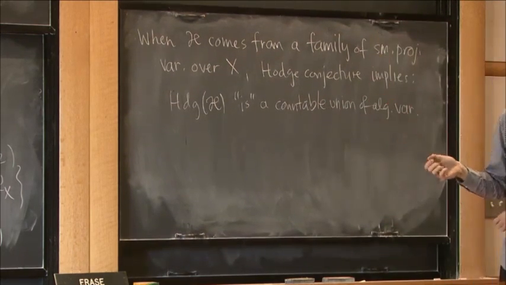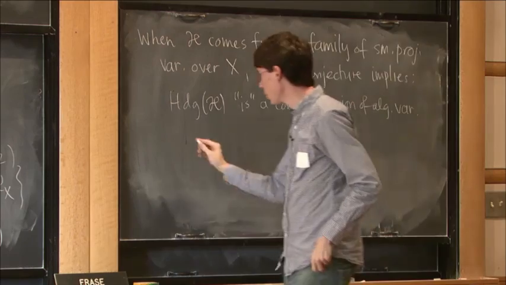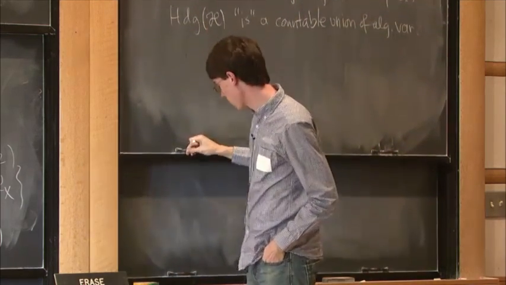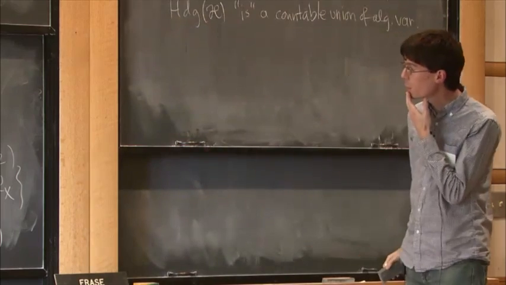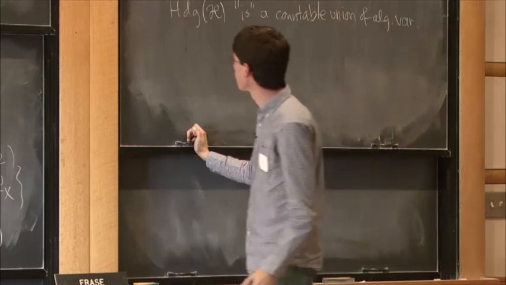And the amazing thing is that even though we don't know the Hodge conjecture, this thing was in fact proved. So Cattani, Deligne, and Kaplan in fact managed to show that this prediction is true, right? And in fact they prove a more precise statement, which I'm going to tell you now.